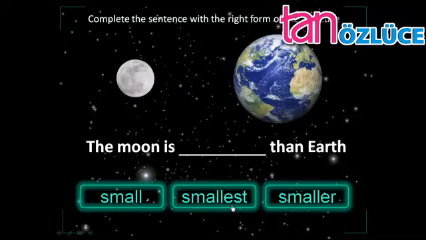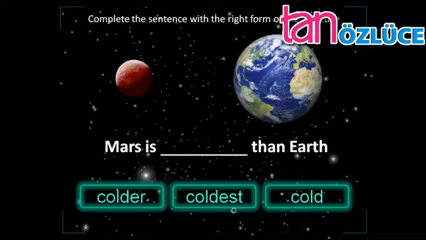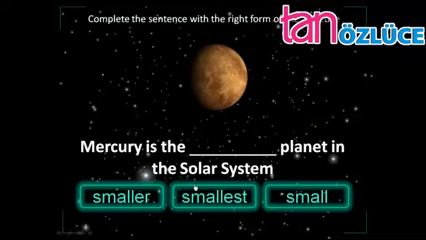The moon is smaller than Earth. Mars is colder than Earth. Yes, correct. Mercury is the smallest planet in the solar system.